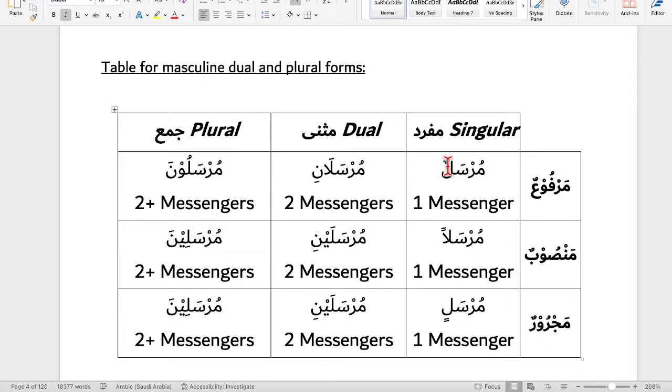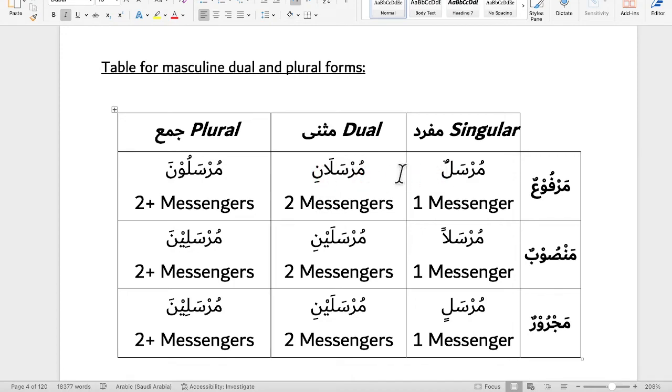Another thing to note is that in Arabic there is a form for the dual also, which we don't have in English. Arabic is a very logical language, so there are some further details that we don't have in English, such as a word for the dual.